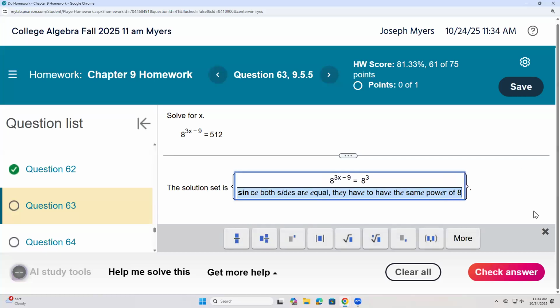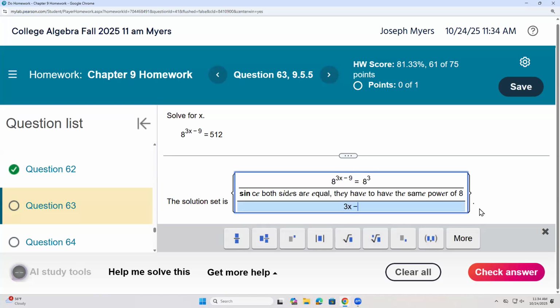So that means the power of 8 on the left, which is 3x minus 9, has to equal the power of 8 on the right, which is 3. So then you just change it to an easy equation. 3x minus 9 equals 3.